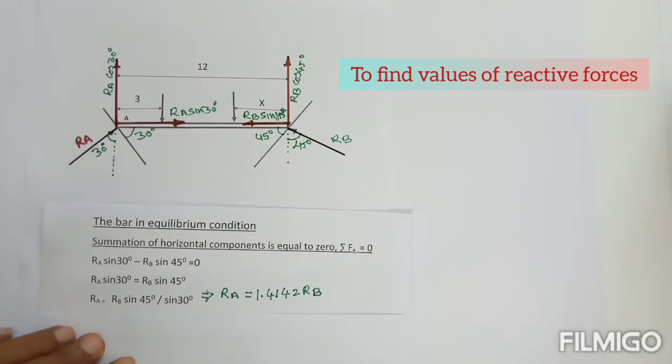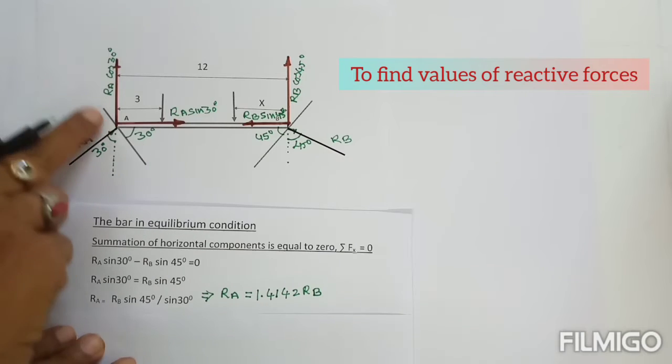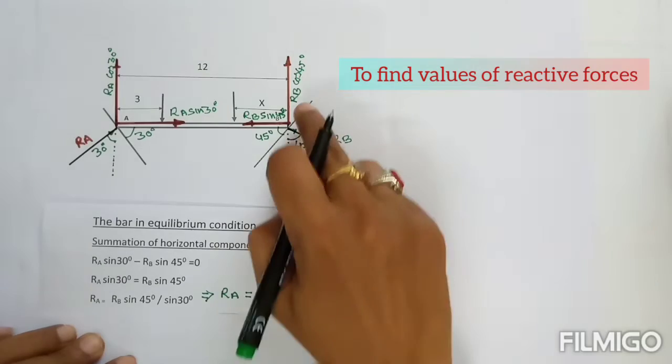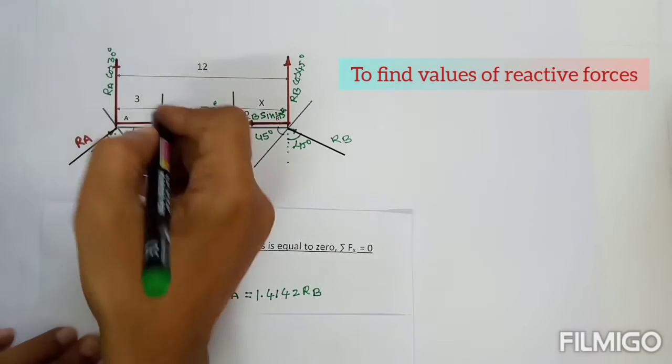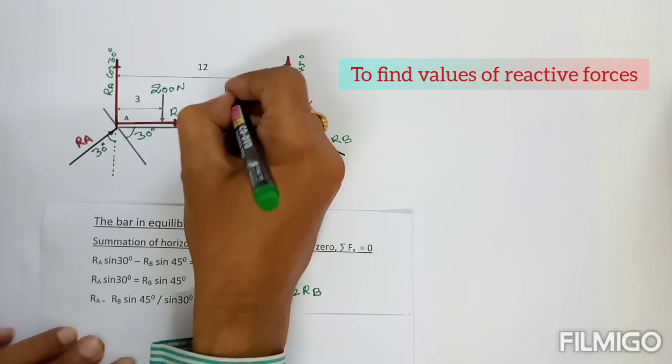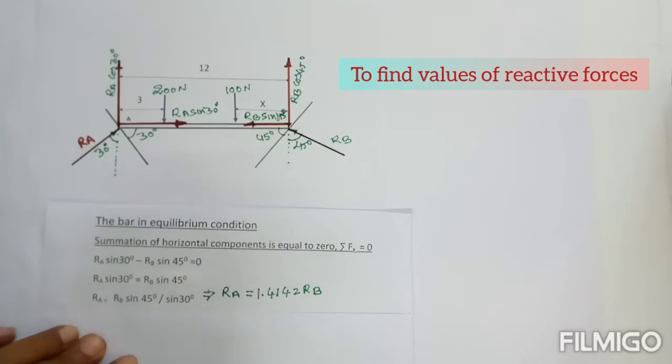Now we'll move towards the summation of the vertical components. In the case of the summation of the vertical components, here RA cos 30 and RB cos 45 are upward forces, 200 newtons and 100 newtons are downward forces.